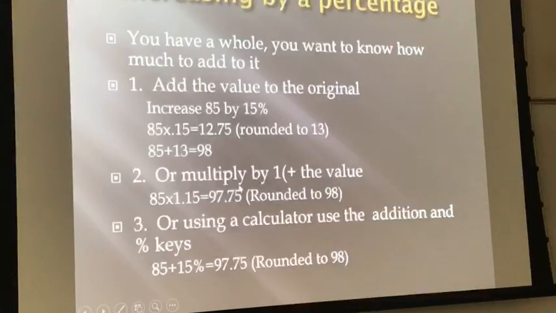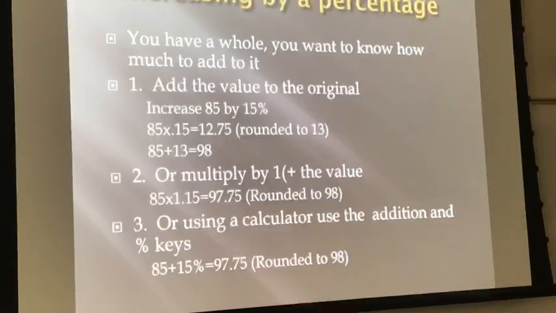Okay. The third way, and you've got to know your calculators, because some of your calculators are set up a little bit different, is 85 plus 15%. Some of your calculators, when you hit the percent sign, it is as if you hit the function key plus a zero, or plus the equal sign.